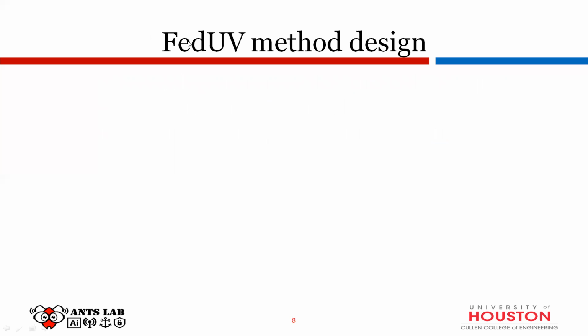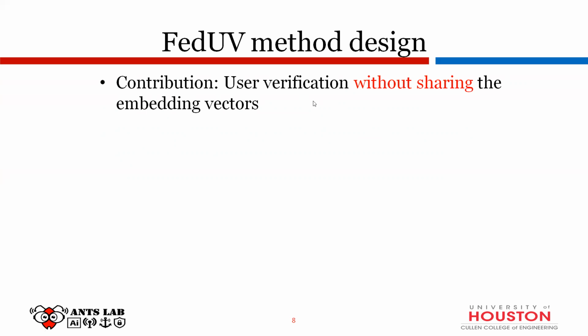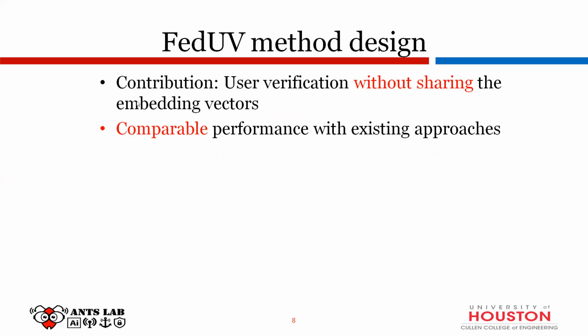So now this paper introduced the Fed user verification design. The contribution of this paper is that they do user verification without sharing the embedding vectors. How do they do that? We should mention that we normally need embedding vectors to calculate the negative loss.